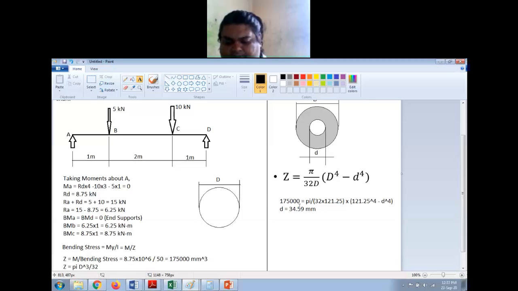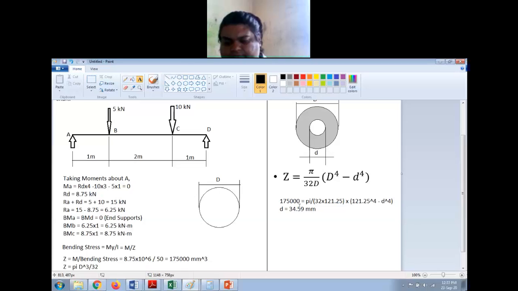Now the area is decreased, and the area has become 10,638, right? So how much is the reduction?